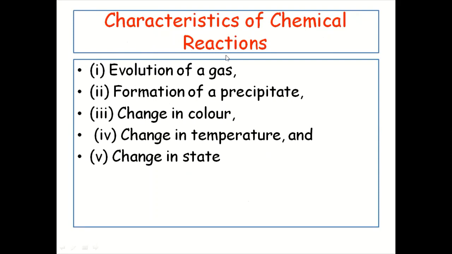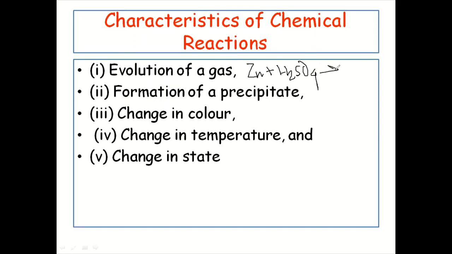Now, the characteristics of a chemical reaction. What happens during a chemical reaction? Any of these five might happen, or all of these five might happen. The first is the evolution of a gas. Suppose an example. If we treat one metal, zinc, with sulfuric acid, what happens?